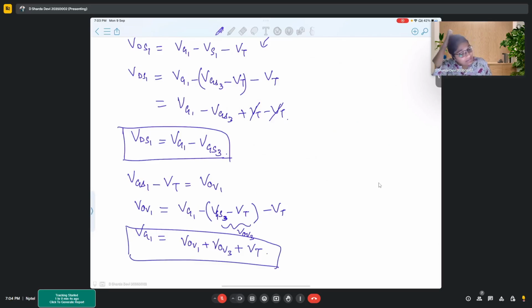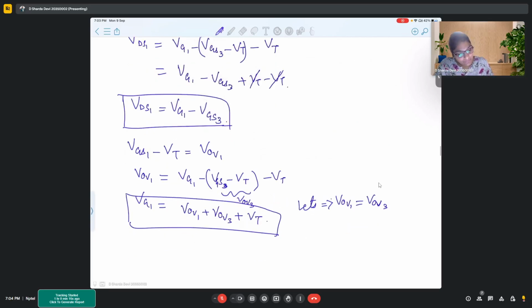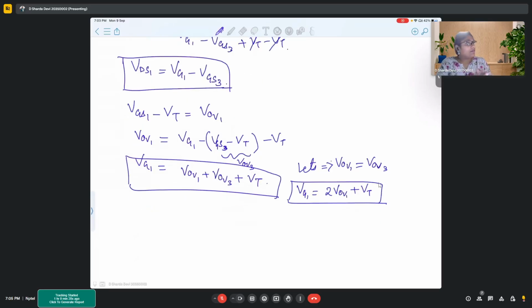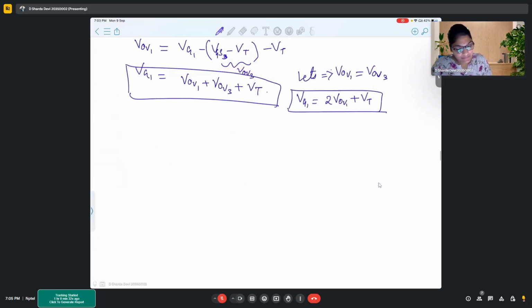Considering that the VOVs are equal, that is VOV1 equal to VOV3, so the overdrive voltages across the transistors are equal, we get VG1 to be 2 V overdrive plus VT, right? Now let's solve for VCM max and VCM min.